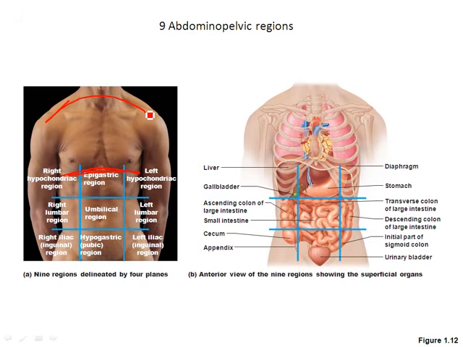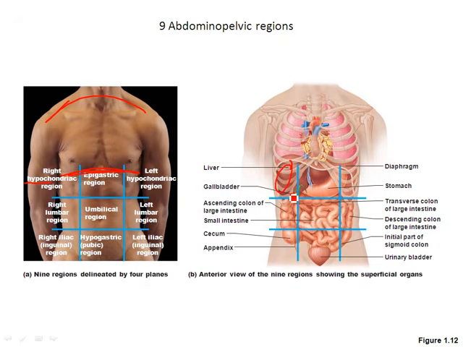But if you were to peel away the body, you can imagine which regions those organs lie in. And this just allows you to know, if you say, okay, there's pain in the right hypochondriac region, you go, well, your liver is in that area, or your gallbladder is in that area.